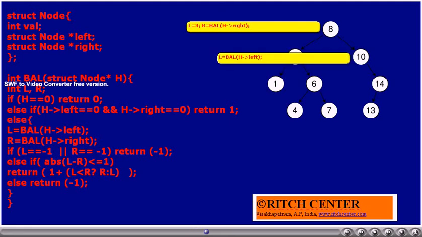Again with node 10, L is equal to bal H arrow left is called. However, as node 10 doesn't have any left child, it returns 0. Now we need to traverse the right subtree of node 10. Thus R is equal to bal H arrow right is called.